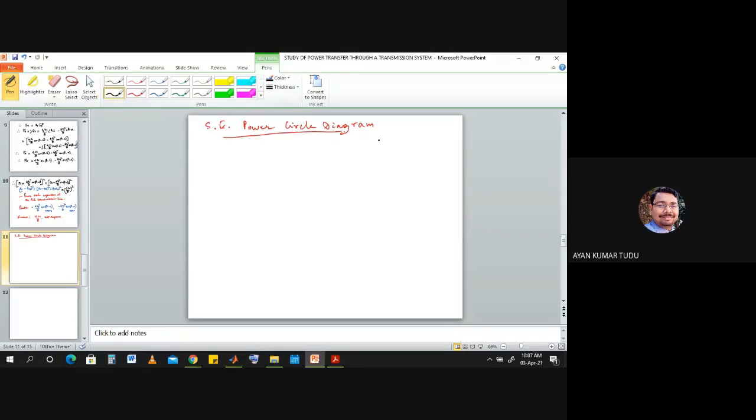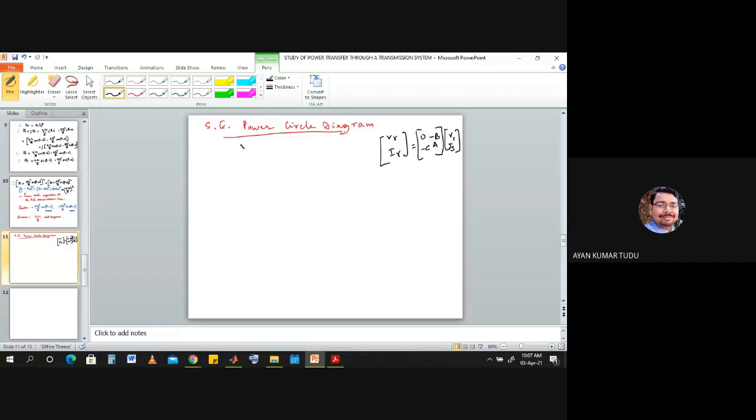So we know that VR IR can be written as dA minus B minus C into Vs into Is. Correct?